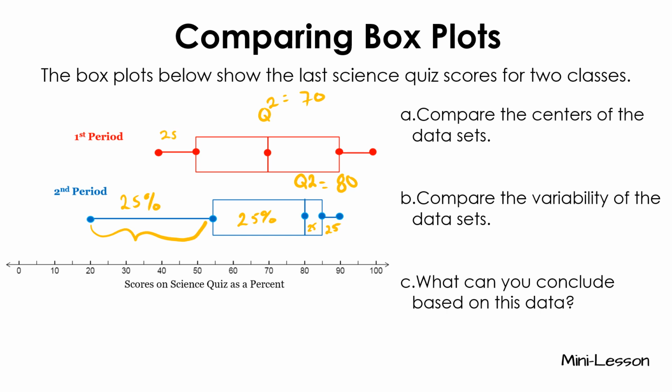Same here. So we're going to compare the centers. The median for first period is 70%. That is considered a passing score. And the median score for second period is 80.